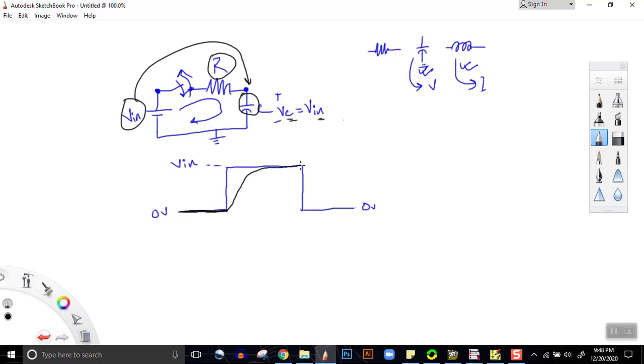So at one point it will reach the peak. See here, the voltage does not instantaneously change to V in. Rather, this is the curve of Vc. It gradually increases to V in. Then again, when we switch off this switch, the capacitor discharges through the resistor, and as a result, the voltage gradually decreases to 0 volt again. So this is our capacitor voltage.